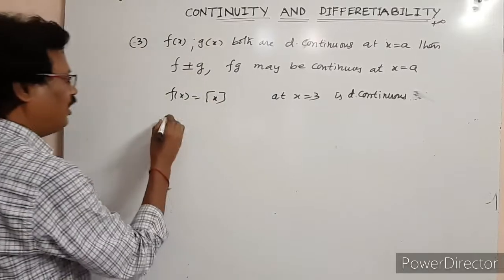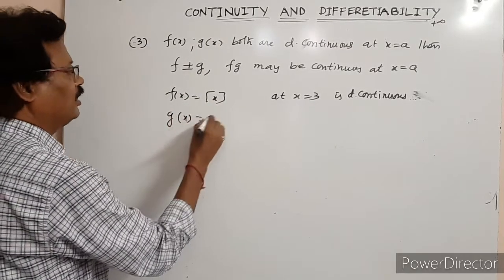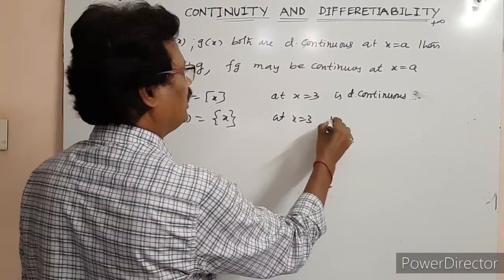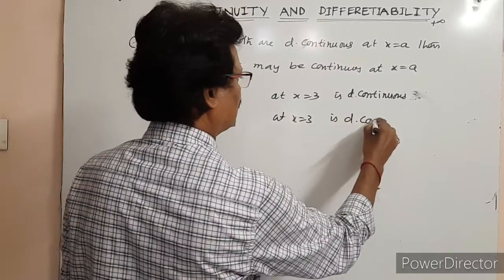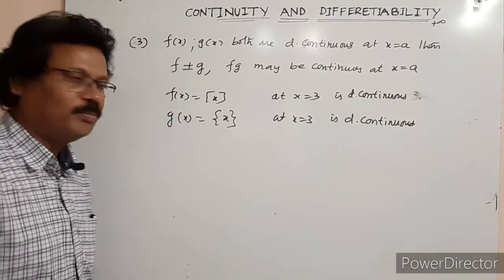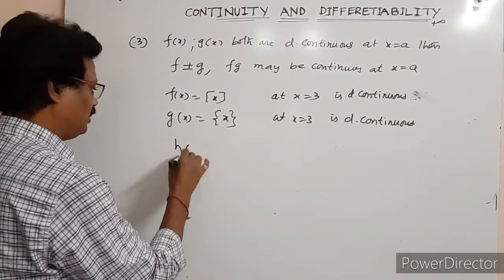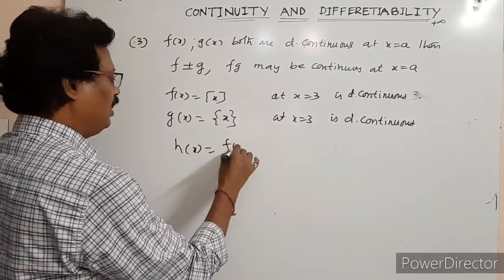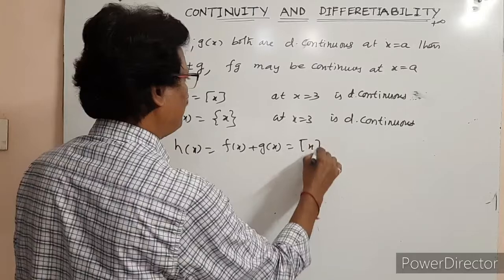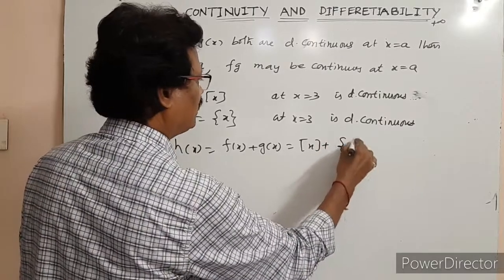In the same way, I am taking g(x) as the fractional part of x, which at x equal to 3 is also discontinuous. Suppose I see the sum of these, f(x) plus g(x), this is step x plus fractional part of x.